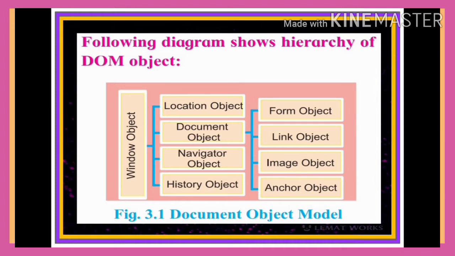Window object consists of location object, document object, navigator object and history object. The diagram is further classified into sub-parts of document object. Document object consists of form object, link object, image object, anchor object. Form object has other objects like text box, checkbox, radio button, submit button, etc. So this is the hierarchy of document object model.